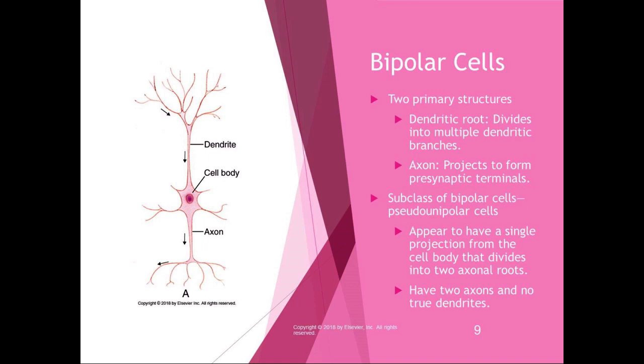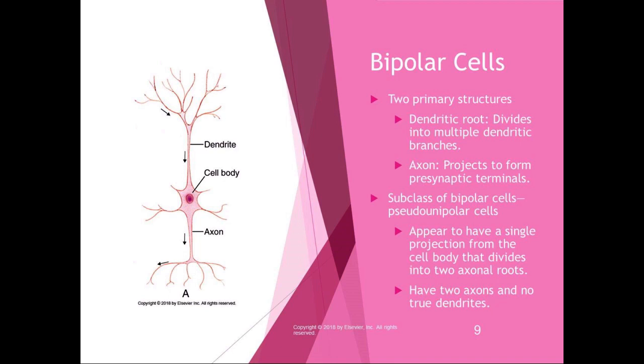In the sensory neurons, the peripheral axon transmits information from the peripheral receptors to the cell body, and then the central axon conducts information from the cell body to the spinal cord. It's just a way of describing those. Our sensory receptor neurons from the periphery are the pseudo-unipolar cells.